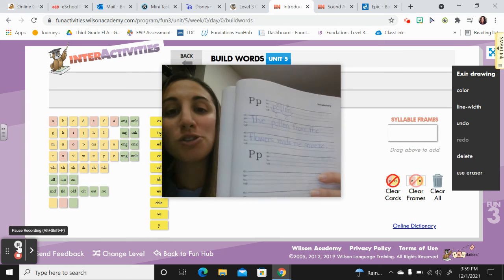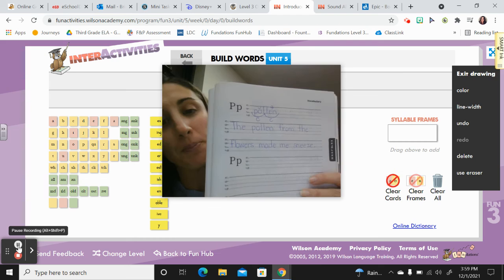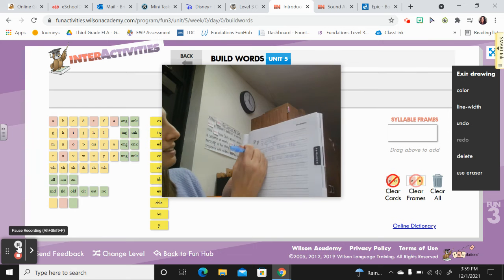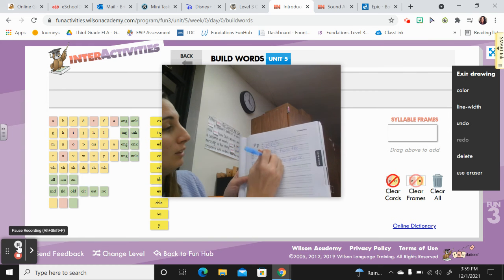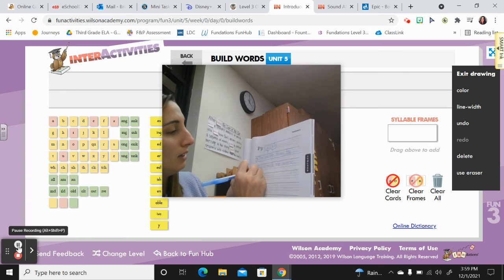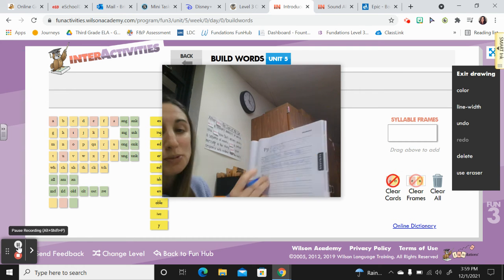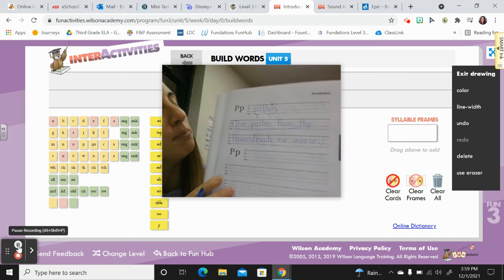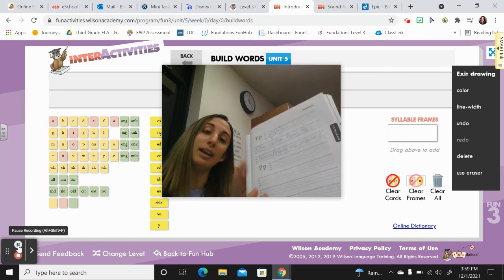Okay, now to scoop this sentence, what would you do? I think I like this way. The pollen from the flowers, I would say in one scoop. And made me sneeze in scoop 2. I would do it that way, 2 scoops. But your way might be different as long as it sounds okay.